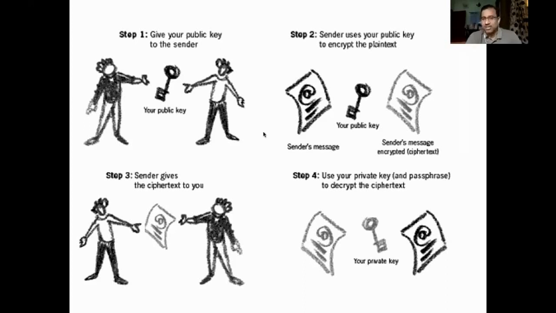The sender encrypts the message with the public key and delivers the ciphertext to you, and you can easily decode it with your own private key, which is not known to anybody else. If somebody gets hold of your private key, then it's dangerous, and that's the way a security breach can happen.